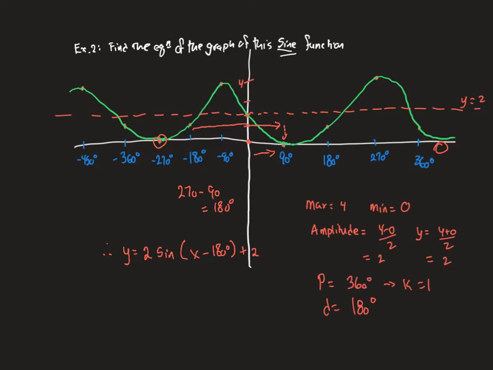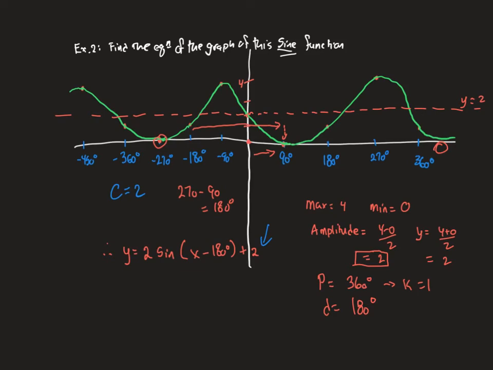My amplitude is 2, which means my max and min should be 2 and negative 2. That is not indeed the case here. Here you can see my maximum is at 4, and my minimum is at 0. So instead of being at 2 and negative 2, we're at 4 and 0, which means instead of being a 2, I went up by 2 to 4, which means I have a C value of 2. Hence explaining this plus 2 over here.